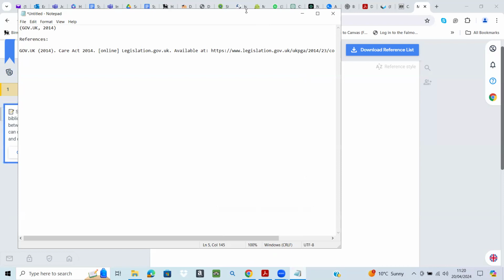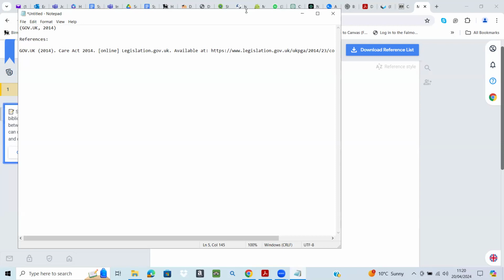Trust me, it looks difficult in the beginning, and if you understand the main bits, like we gather the information, we have to rewrite it in our words, and then we need to do the in-text citation and reference. Please don't use any AI, because we will get caught by this, and it would be a problem for you.